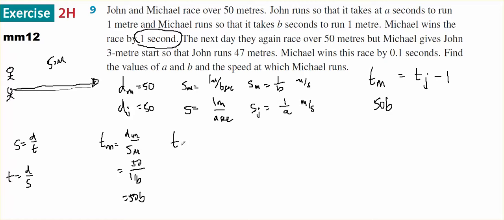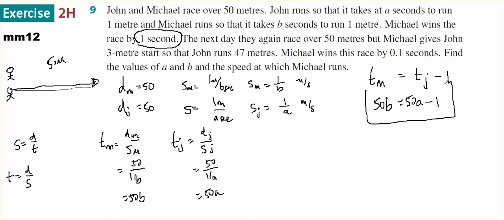And the time of John will be the distance of John divided by the speed of John, which is 50 over 1 on A, which is 50A. And there is equation number 1 in my simultaneous equations to work out A and B.